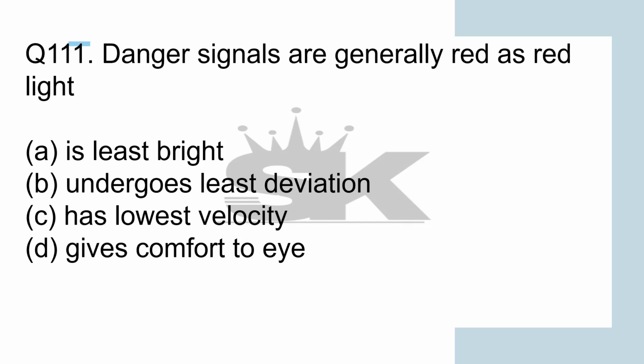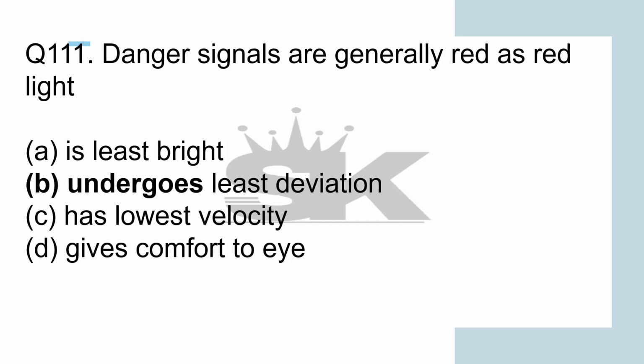As the red light has the highest wavelength among all the colors, it is scattered the least, due to which most of the light can travel a longer distance through rain, fog, or dust to reach our eyes effectively. So the answer here is undergoes least deviation.